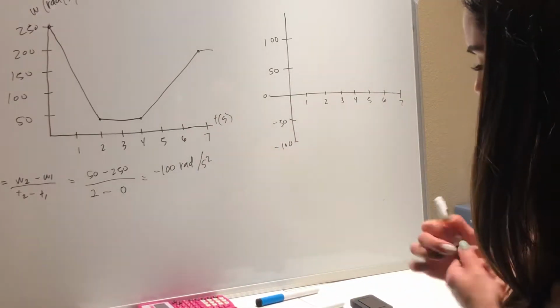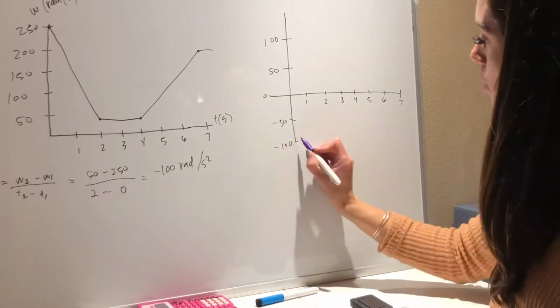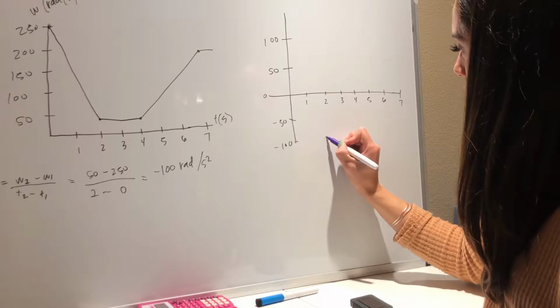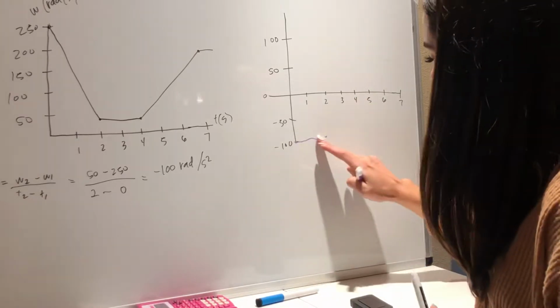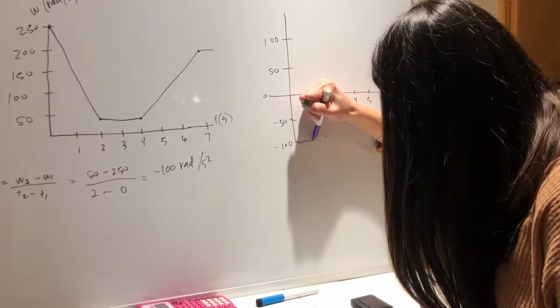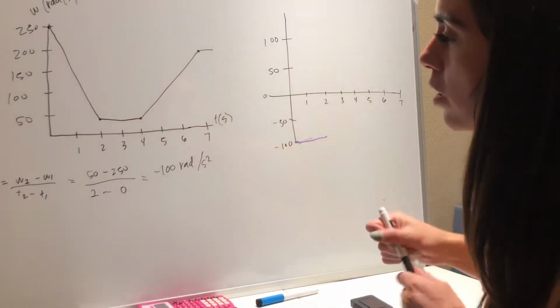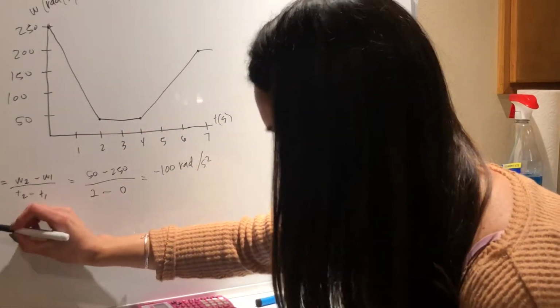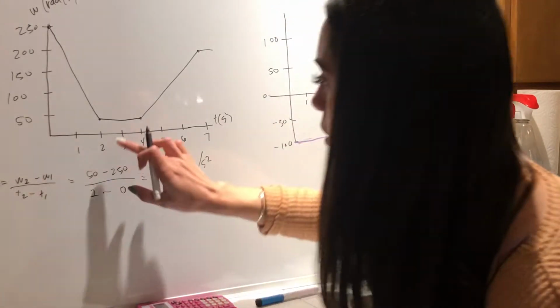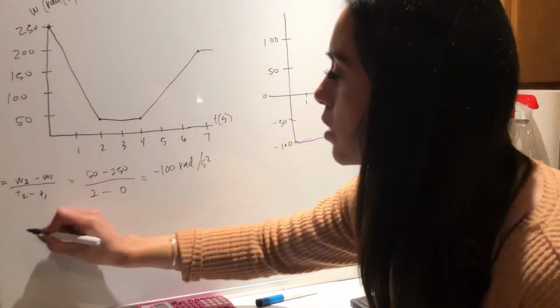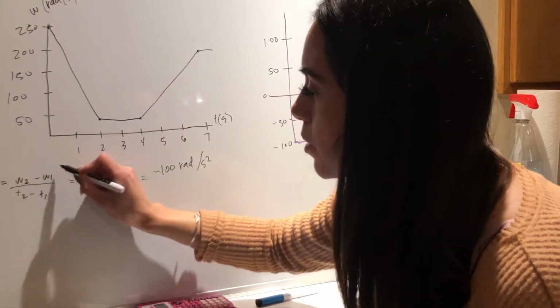So from right here on this graph, from 0 to 2 is negative 100 radians per second squared. And then we'll just solve for the next segment. So a for the next segment is going to be 2 to 4. It's the same equation.